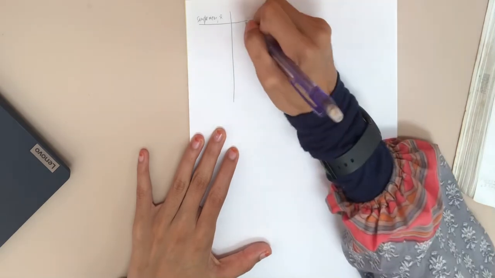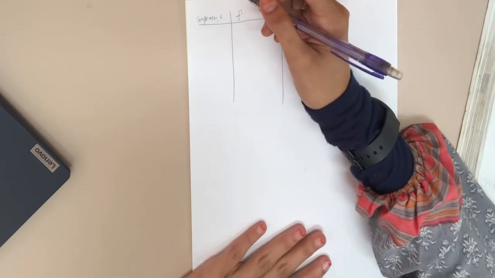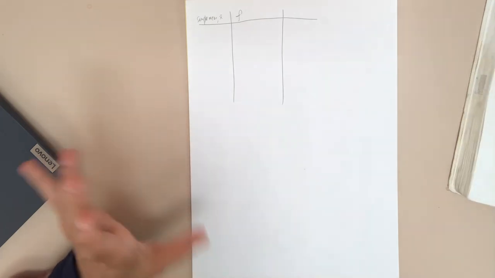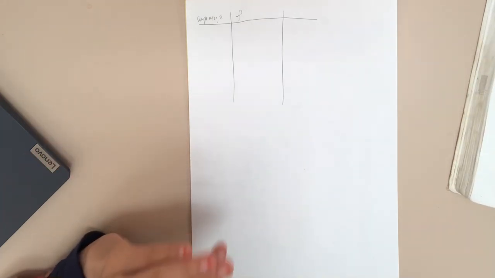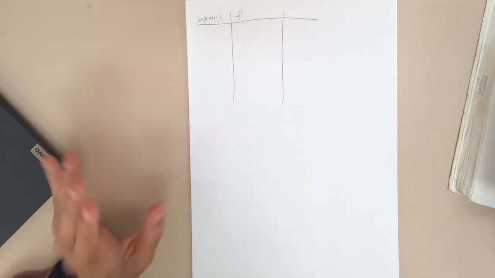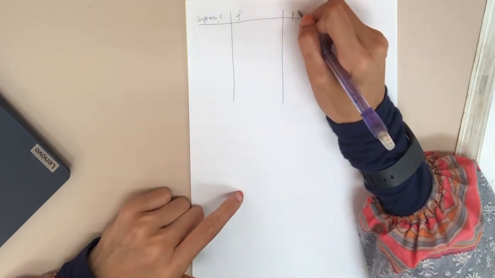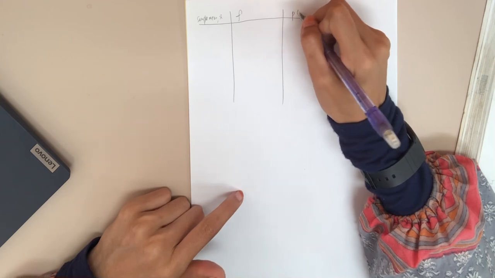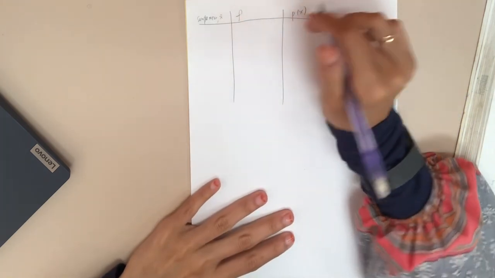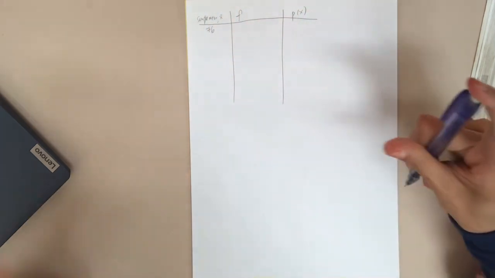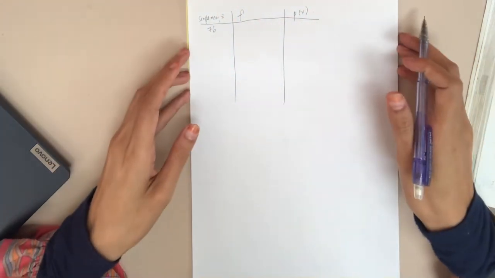We need to find out the frequency of it. Actually, I think we can combine step number 3 and step number 4, tabulating the frequency with the probability. We can do it together. This one is the frequency, this one is the probability. The sample means just now are 76, and so on.